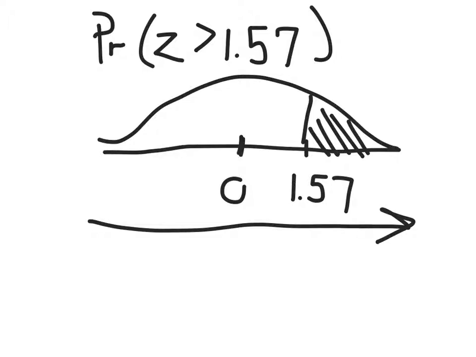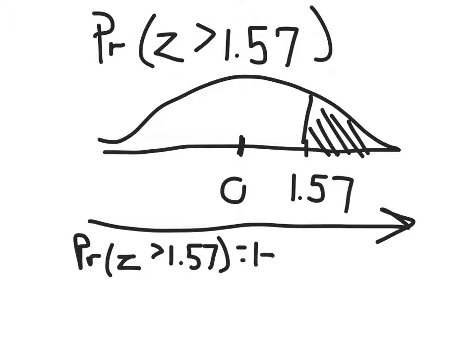So what if I take that greater than 1.57 and take my grand total of 1 and subtract out that left-hand piece?